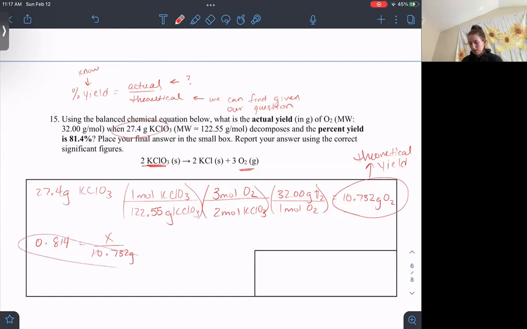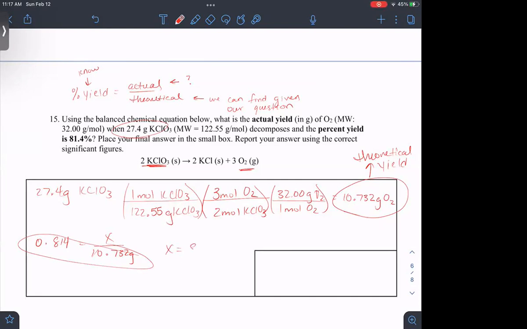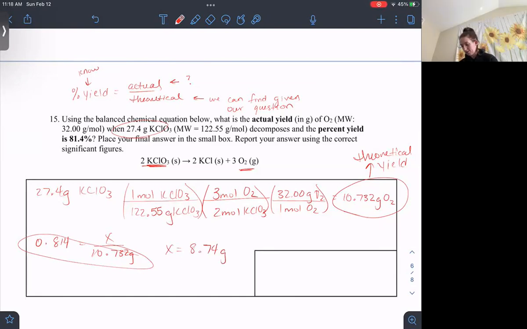We can cross multiply over here. So X will be equal to what? 8.74. Awesome. Okay. That's grams of O2.